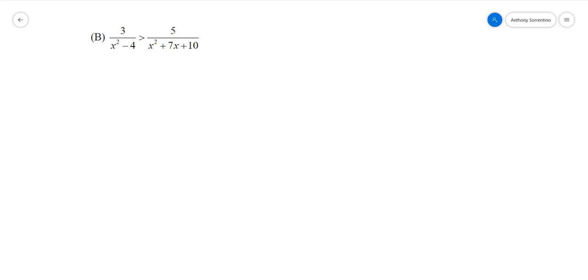So I'm going to rewrite this as 3 over x squared minus 4 minus 5 over x squared plus 7x plus 10, and that's greater than 0. Because all I did was subtract the 5 over x squared plus 7x plus 10 from both sides of the inequality. This is what I'm going to be calling my f of x.